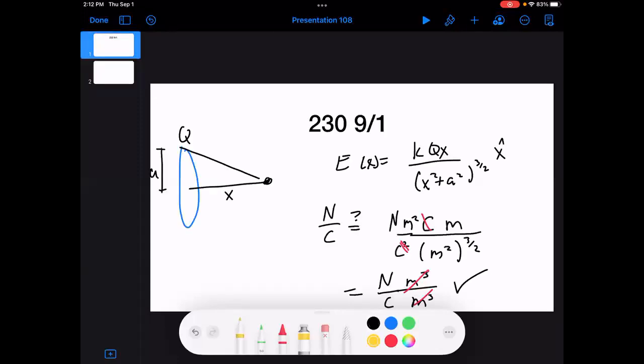The two quantities I want you to think about are X and A. What sort of extreme situations would you expect where I could say something about X and A?